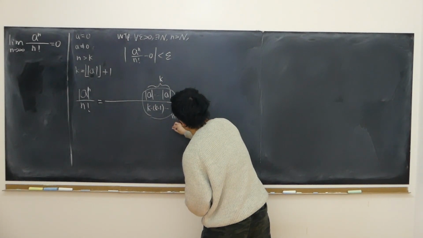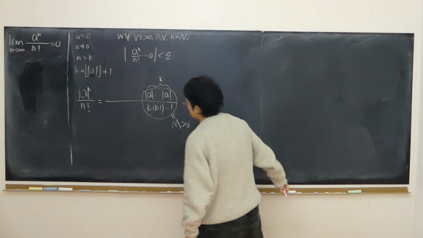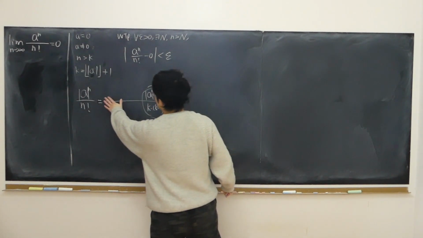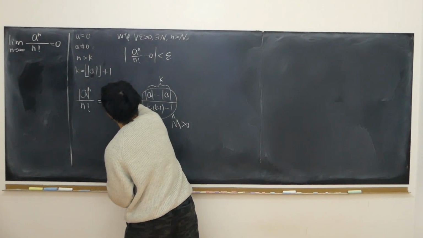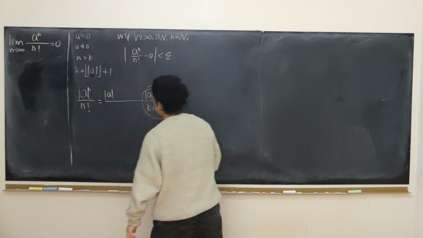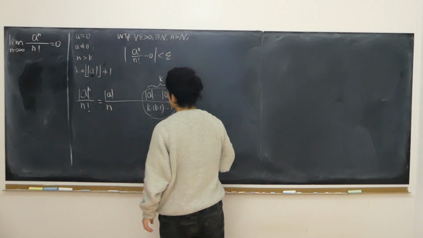Let's denote it as m that's larger than 0. Now, I still have something in the front. So first of all, I have the absolute value of a over n.